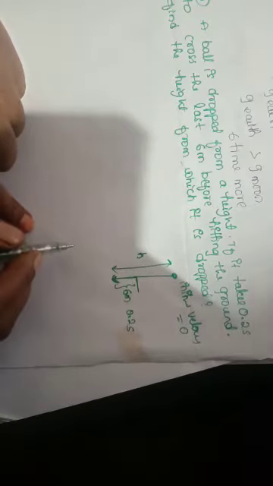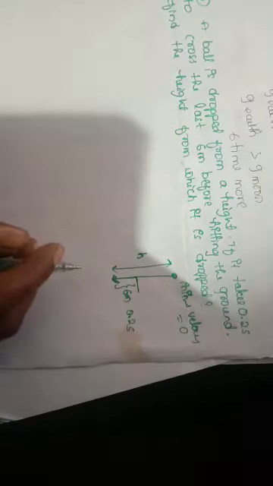So what we need to find here: before dropping, initial velocity is equal to 0, right? Initial velocity 0. And let us consider this total height be h. This h we need to find.